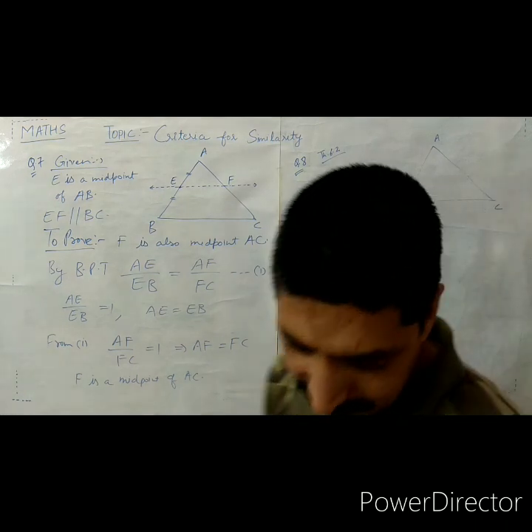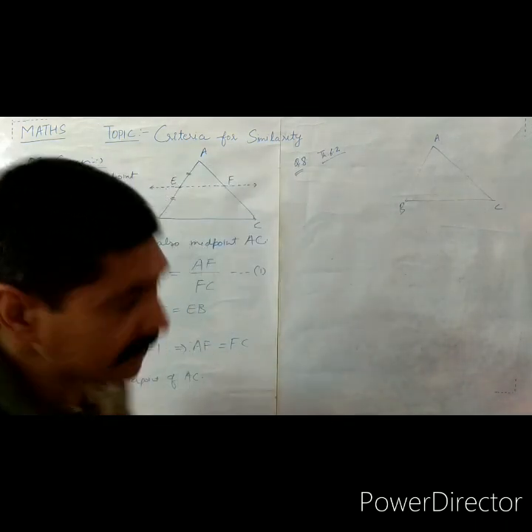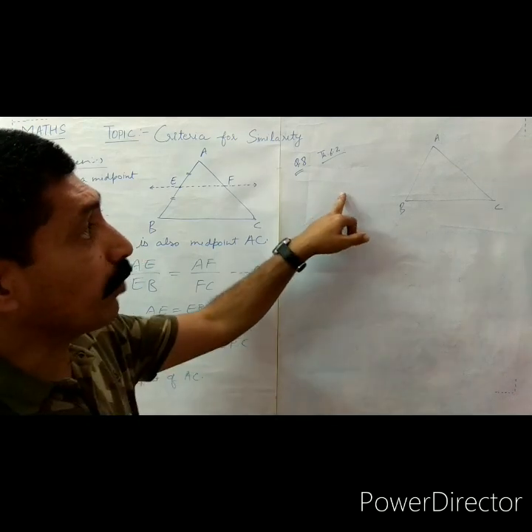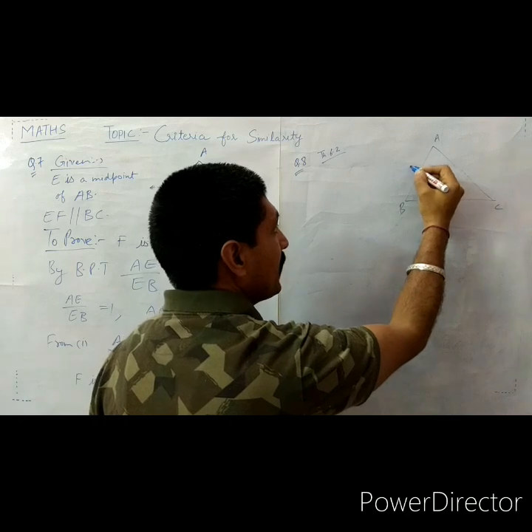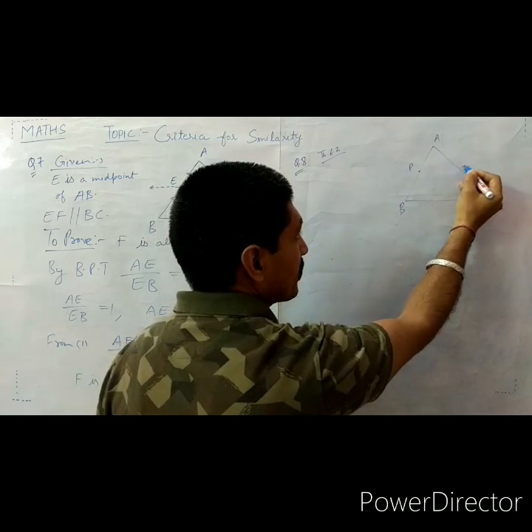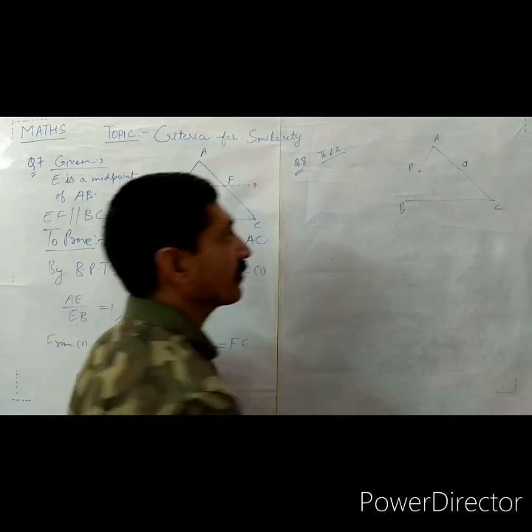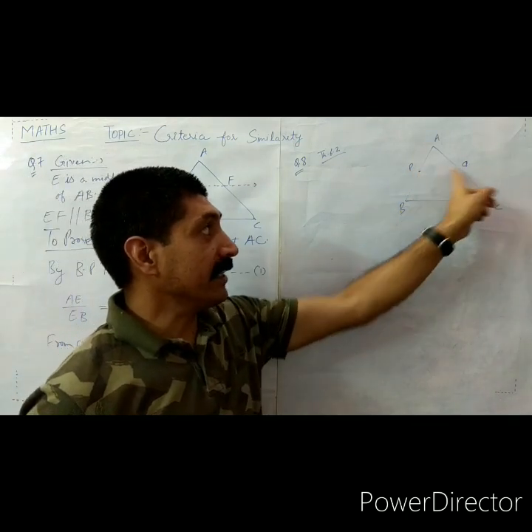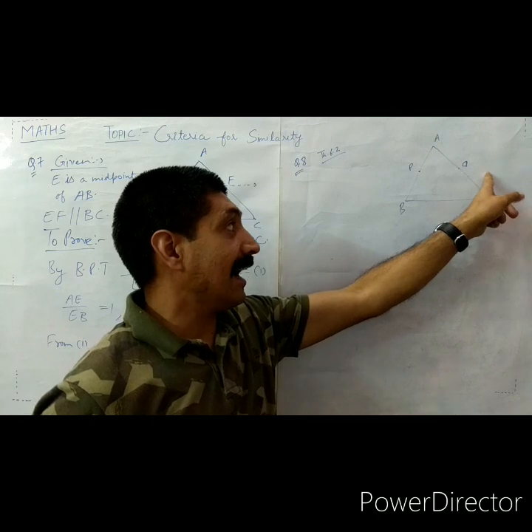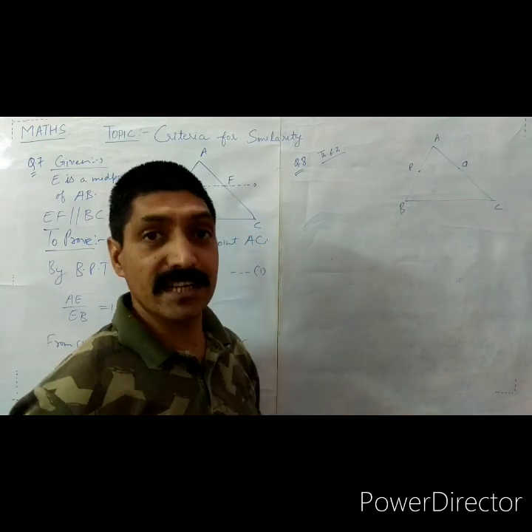Prove that the line joining the midpoints of any two sides, take P and Q as the midpoints of the two sides, is always parallel to the third side.